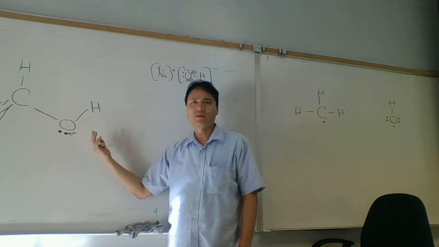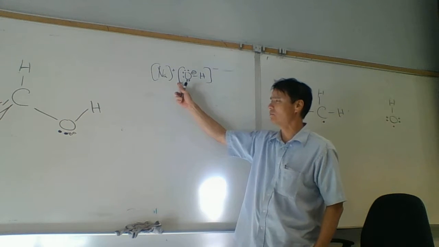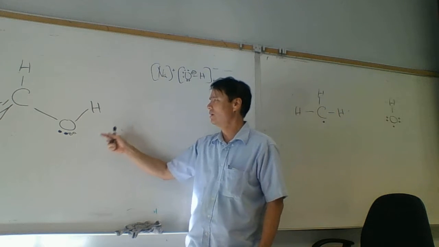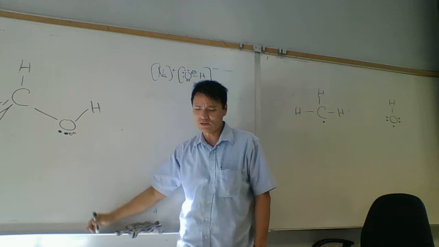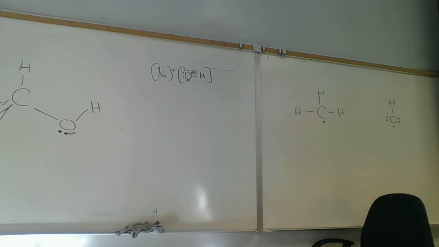No, because the bond is different. This is a polar covalent bond. This is an ionic bond. The bonding is different, so they're going to behave totally differently. In fact, methanol is not even considered acidic or basic. Not really considered either of them.